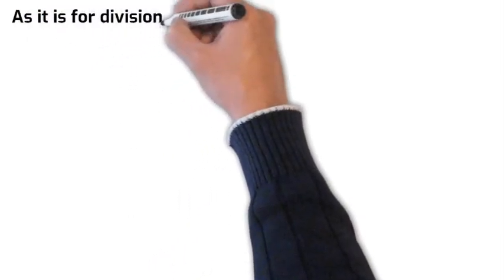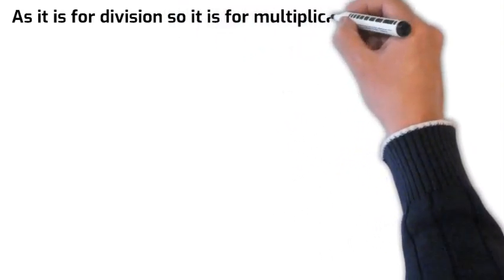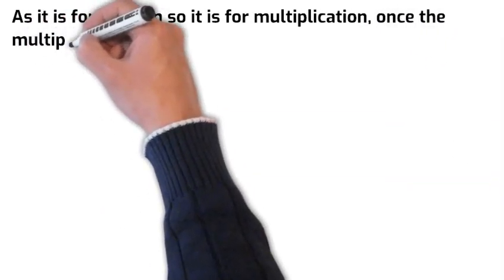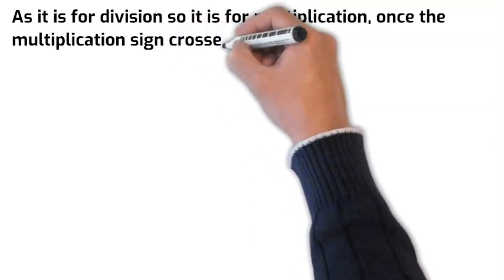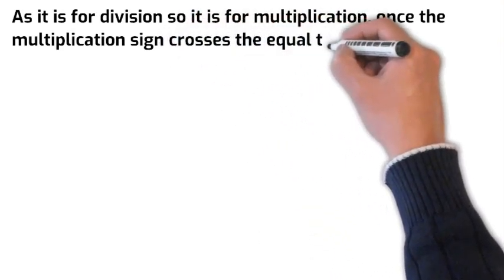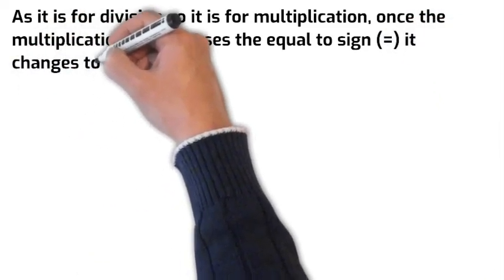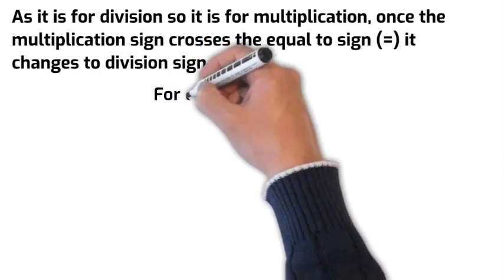As it is for division, so it is for multiplication. Once the multiplication sign crosses the equal to sign, it changes to a division sign.